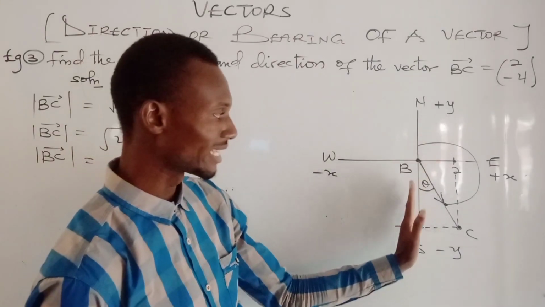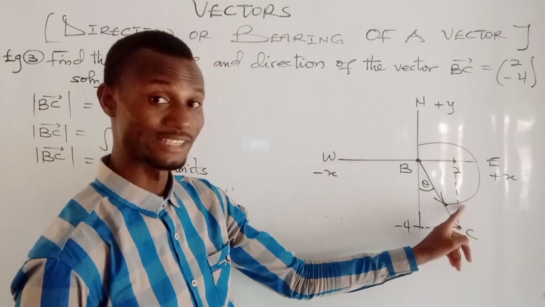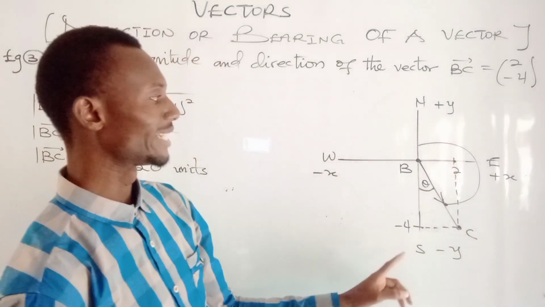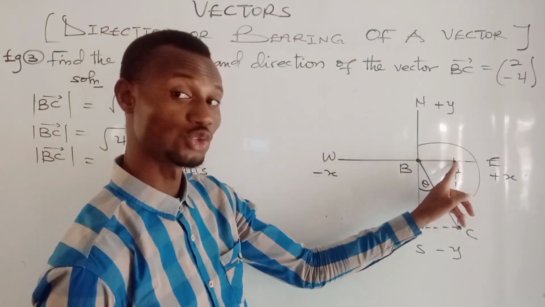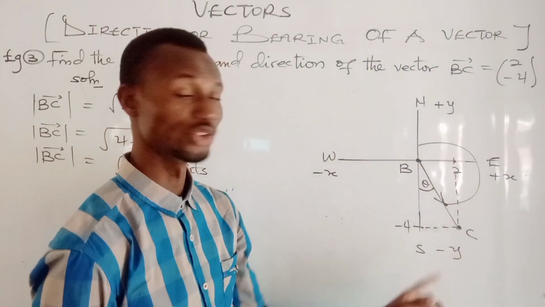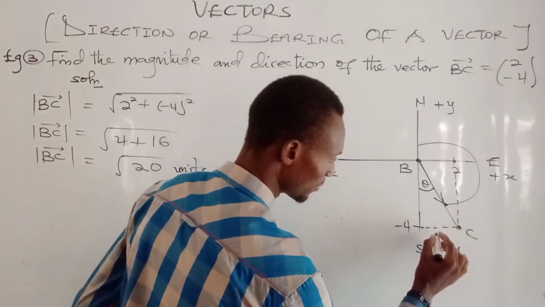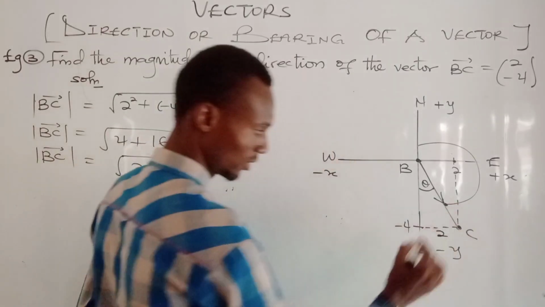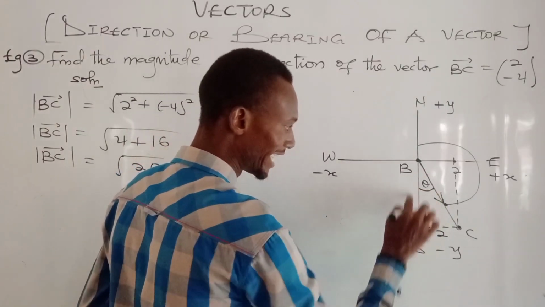It's that same distance which is repeated here. So here will also be -4. And the distance from the origin up to this point is 2, which means the distance from here to here will also be 2. So all I'm saying is that we can put 2 here, and also here will be -4.